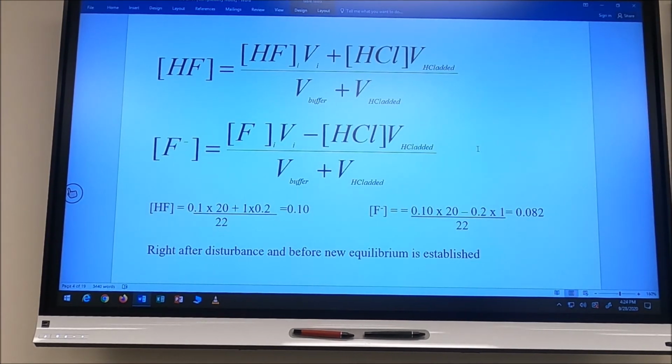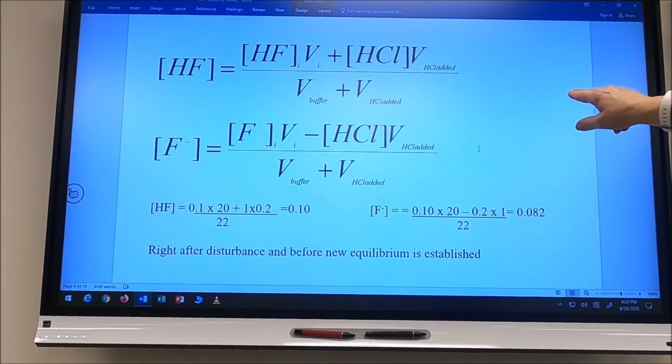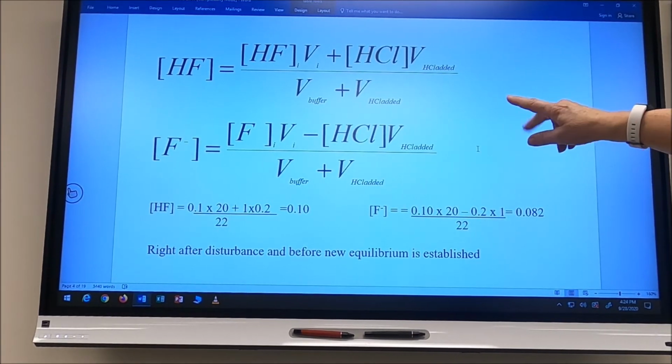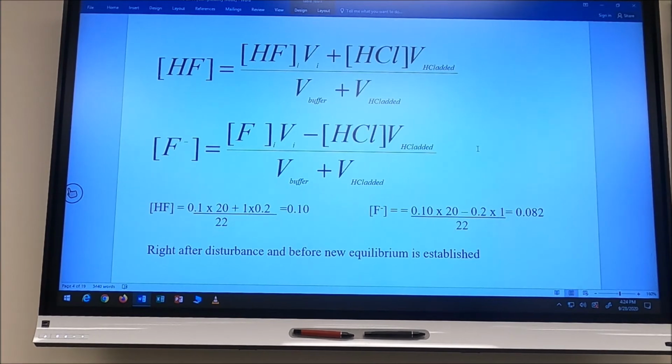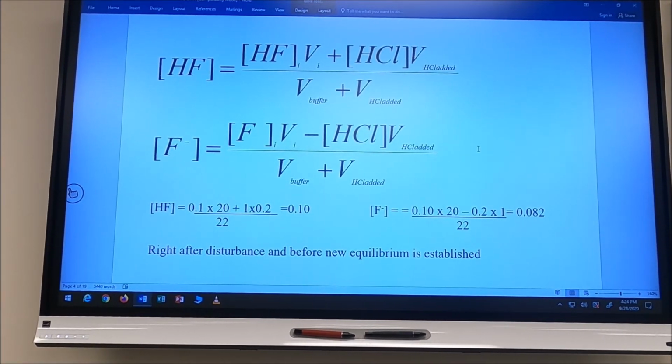The concentration of the fluoride ion is going to be fluoride ion concentration times the volume initially of the buffer solution minus concentration of HCl times the volume of the HCl solution divided by the buffer plus the volume of the HCl added.